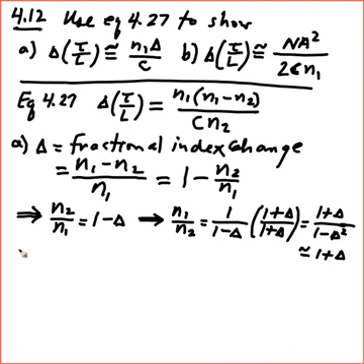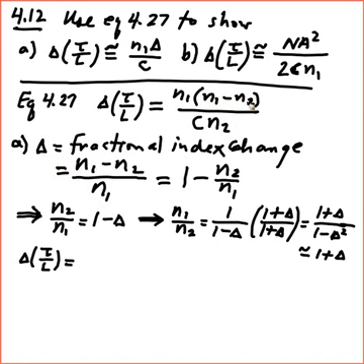So now I can go back to equation 4.27, delta tau by L, and rewrite it. I'm going to take the term n1 minus n2 and substitute for that delta times n1. You can see delta times n1 is n1 minus n2.